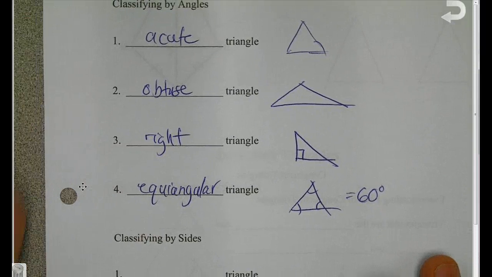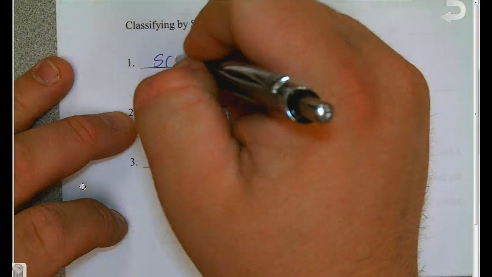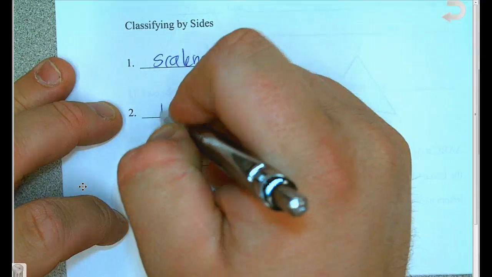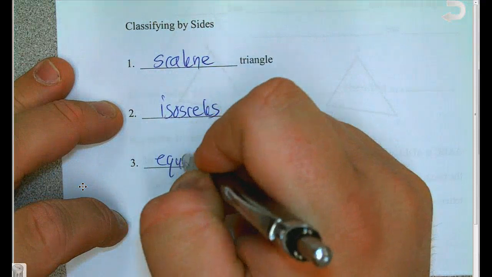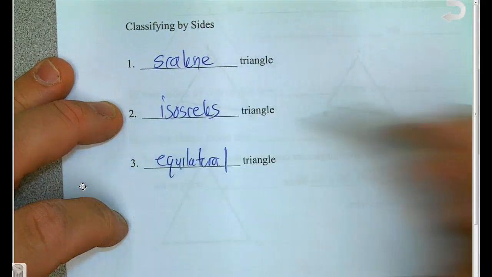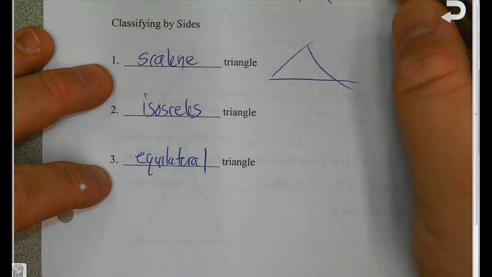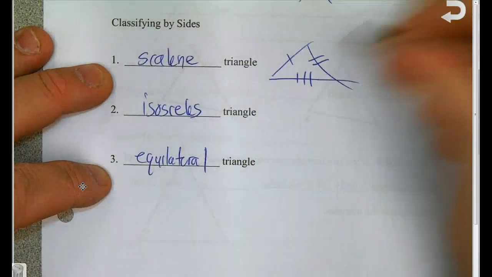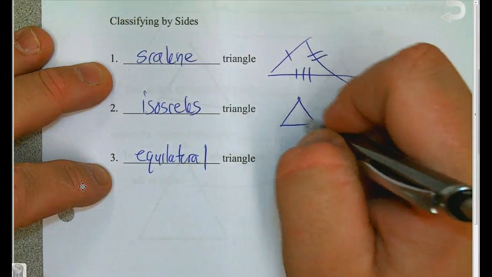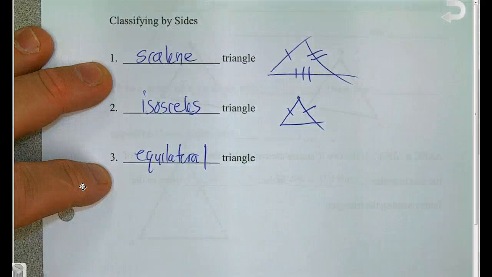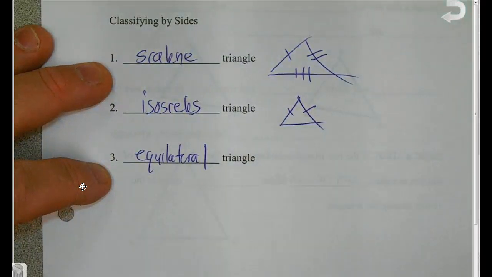If we look at a triangle by its sides, and this should also be review, you have a scalene, an isosceles, and an equilateral. A scalene triangle, if I have 3 sides, has 3 different measures. An isosceles triangle, if I have 3 sides, has 2 measures that are the same, and the base side is a different measure.